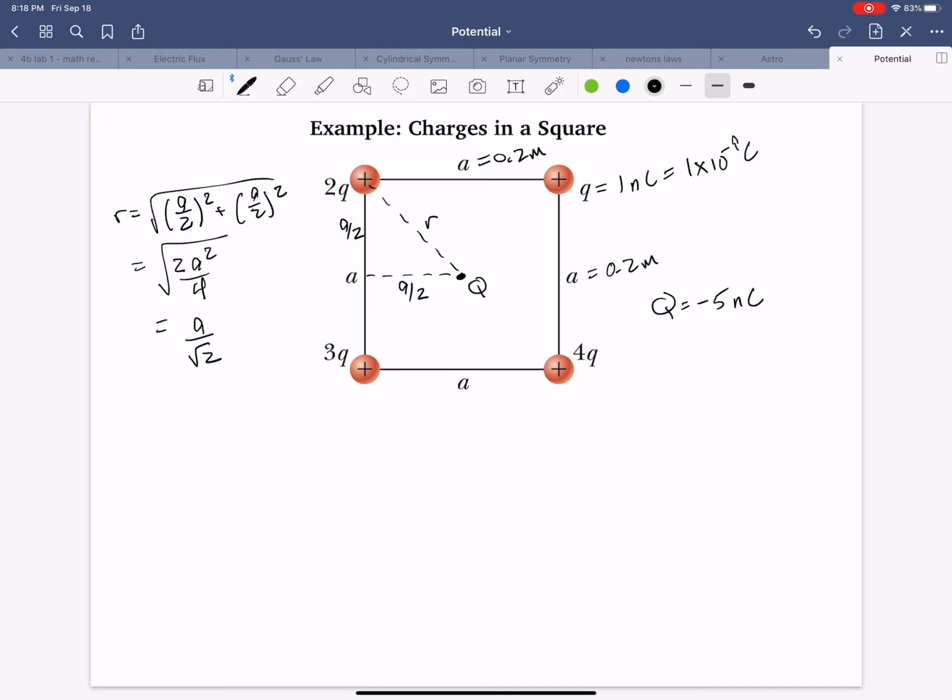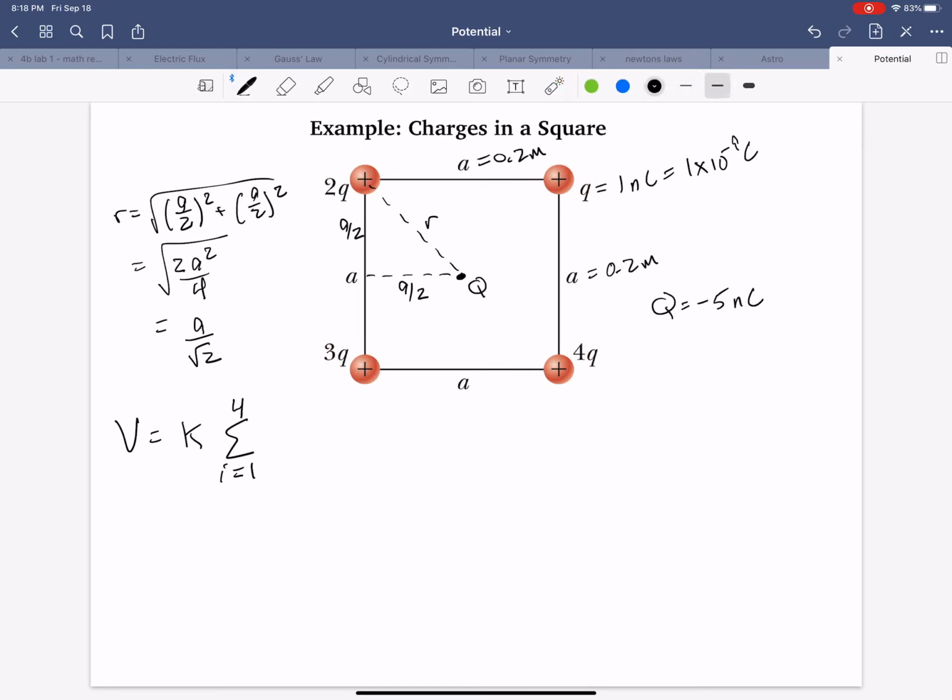All right. So for discrete charges, the potential can be written like this. We have V equals the Coulomb constant times the sum from i equals 1 to however many charges there are contributing to the overall potential. In this case, there are 4: 1, 2, 3, 4.